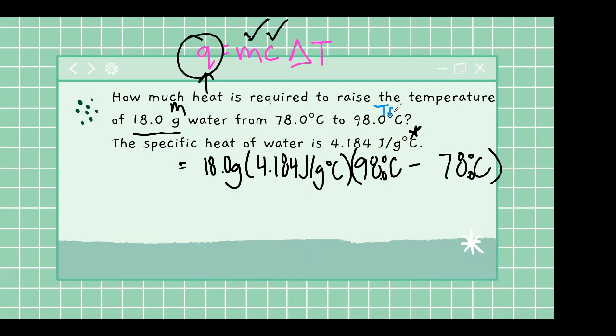So TF minus TI. Okay, and if there's no questions, can anyone tell me what the answer would be, including units and sig figs? 1510 joules. Okay, so I have 2. Okay, perfect. Good job, everyone.